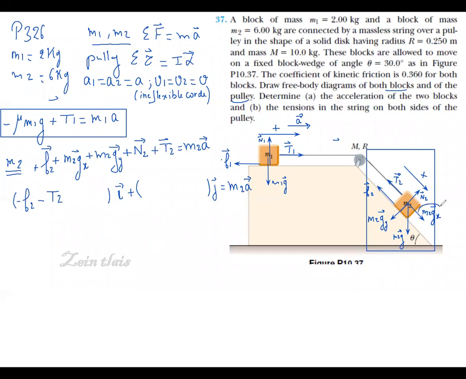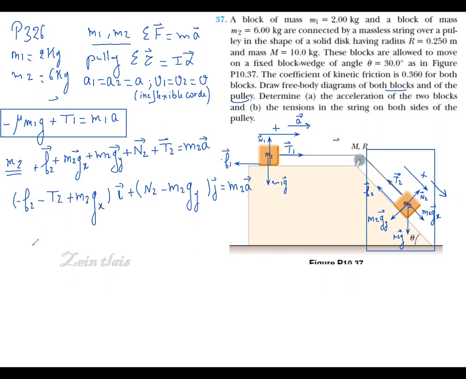And we have M2GX in the positive direction, so plus M2GX. What about N2? Here we have N2 minus M2GY. And here also we have A in the positive direction.